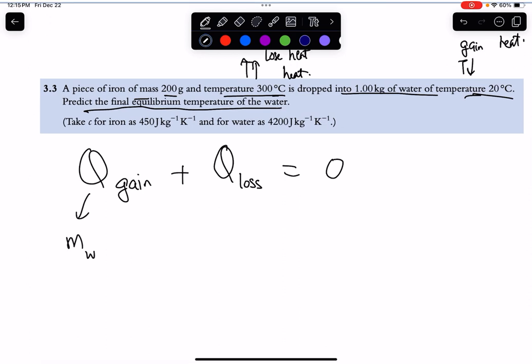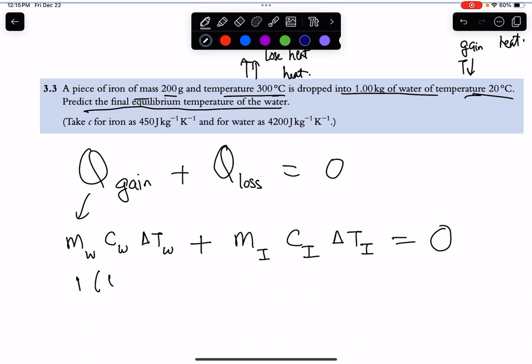So the mass of the water times the specific heat capacity of water times the change in temperature of the water, plus the mass of iron times the specific heat capacity of iron times the change in temperature of iron, is 0. Now we know the mass of the water is 1 kilogram. We know the specific heat capacity of water is 4200 joules per kilogram per Kelvin.